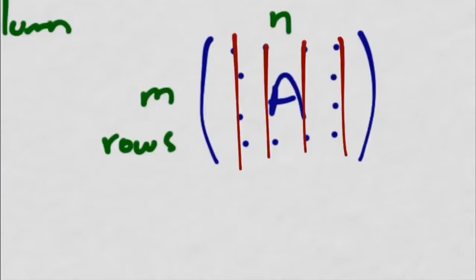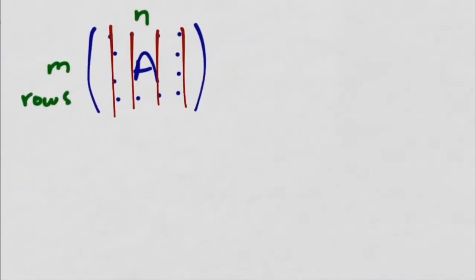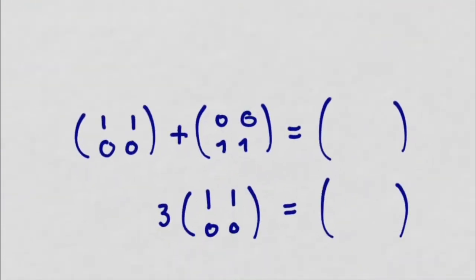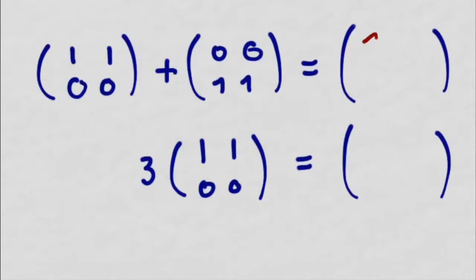So, n vectors with m elements. So a collection of happy vectors living in a vector space of dimension m. As with vectors, matrices can be summed and multiplied by a scalar. For example, here we can sum them element by element or multiply them by a scalar.